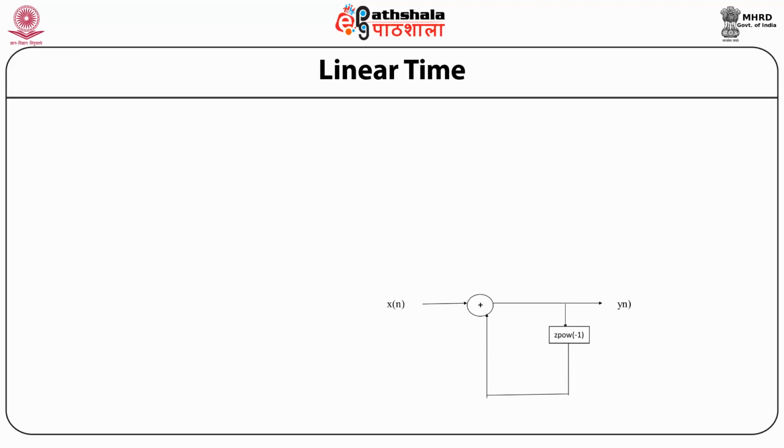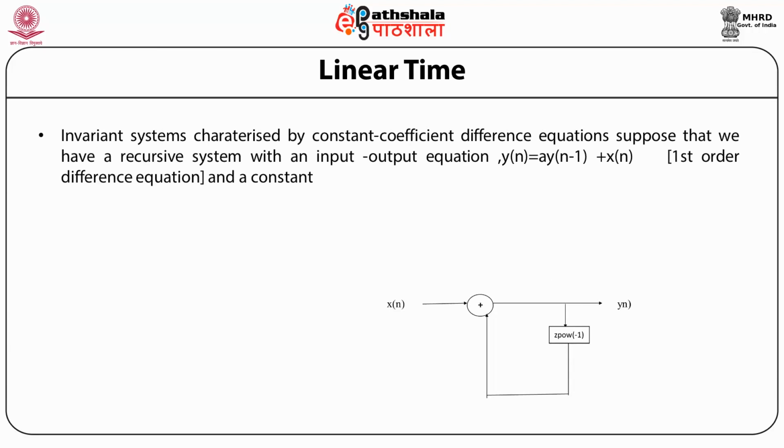Let us now discuss the linear time invariant systems which are characterized by constant coefficient difference equations. Students, suppose that we have a recursive system with an input-output equation as y(n) equal to a y(n minus 1) plus x(n). That is a first order difference equation, and here a is a constant.